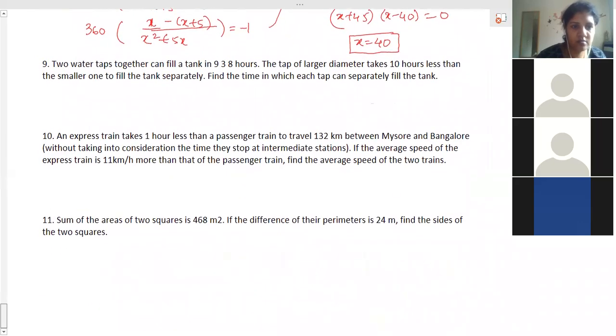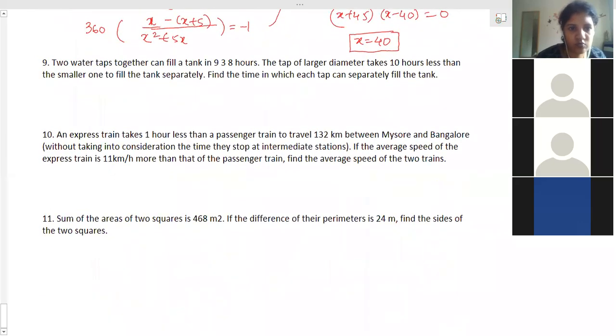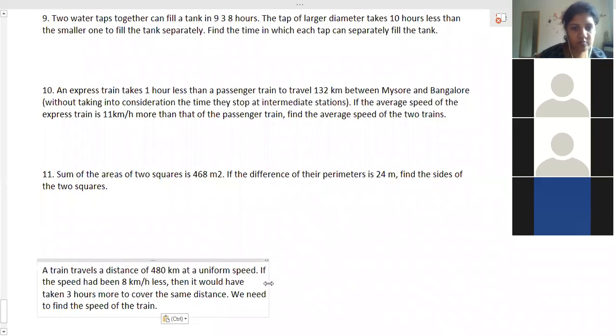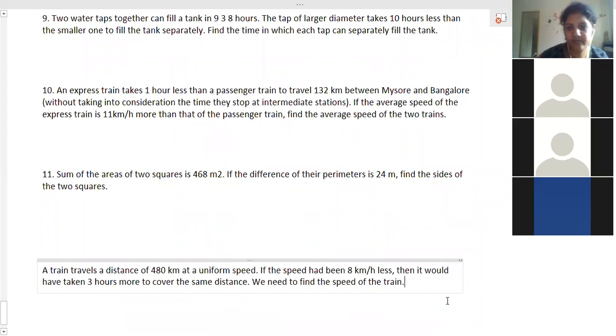Before 9th, 11th. Yeah, solve this question. The same question with different values.